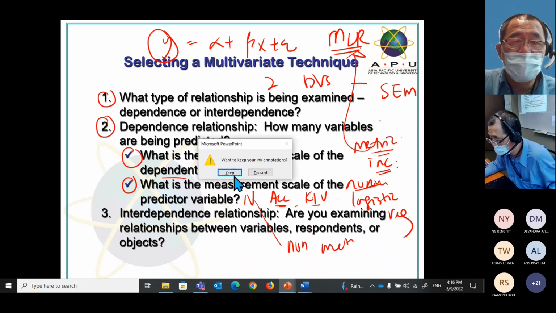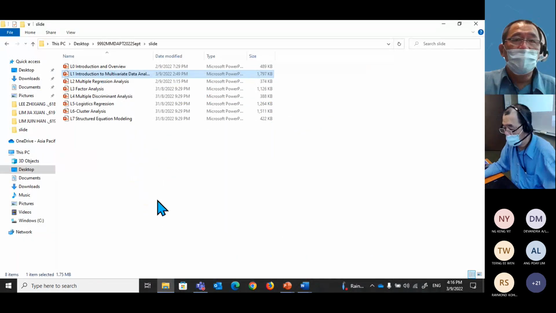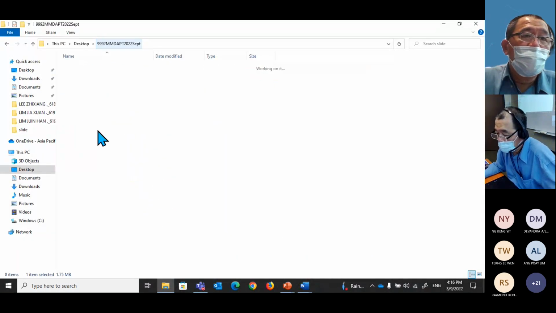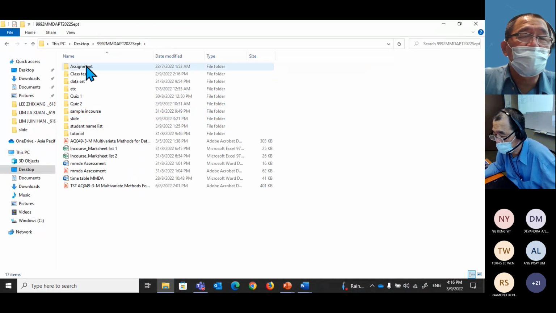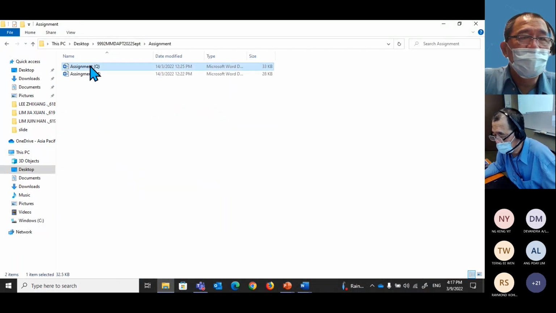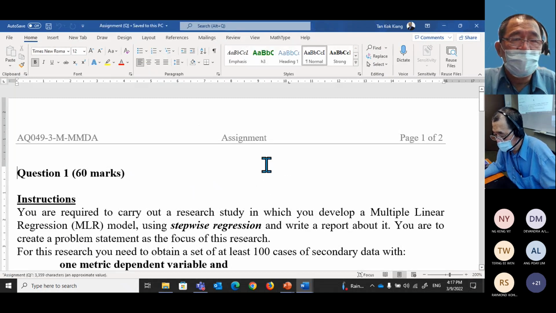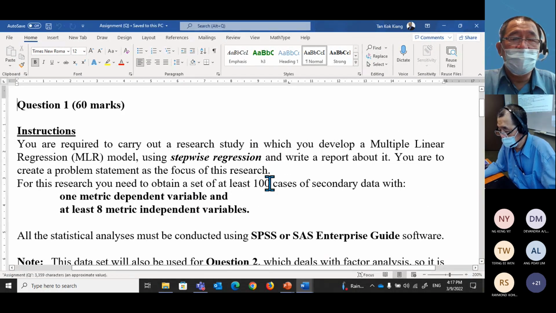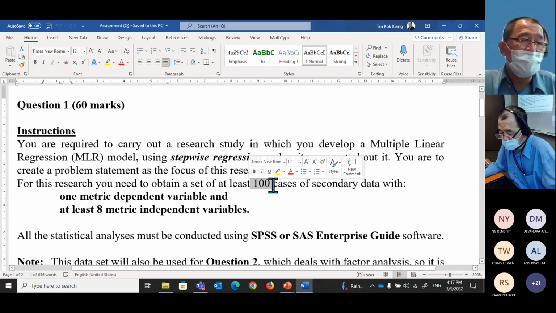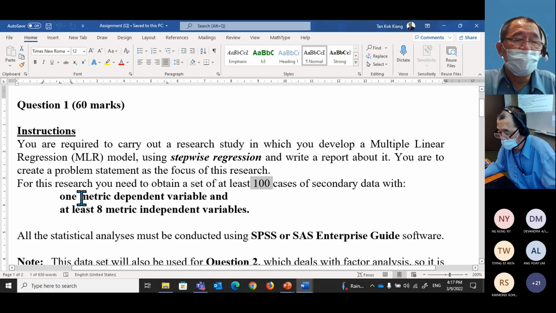I'll show you now. For the assignment, you should look for your own data. At least 100 cases, and all metric. One metric dependent and at least 8 metric independent variables.